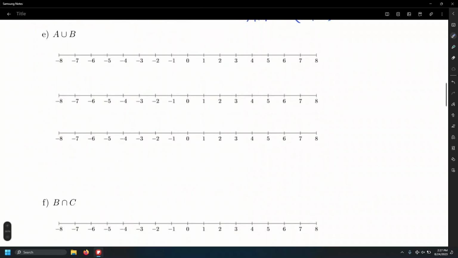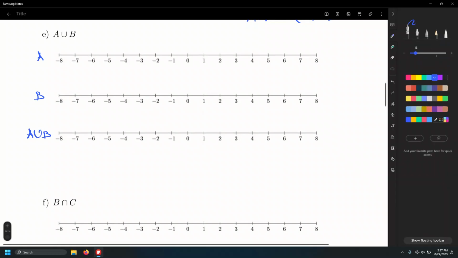All right. So for A union with B. This is A, this is B, this is A union with B. So that's going to be set A, which is from -4 to the right, and set B is from 1, parentheses, and then to the left.